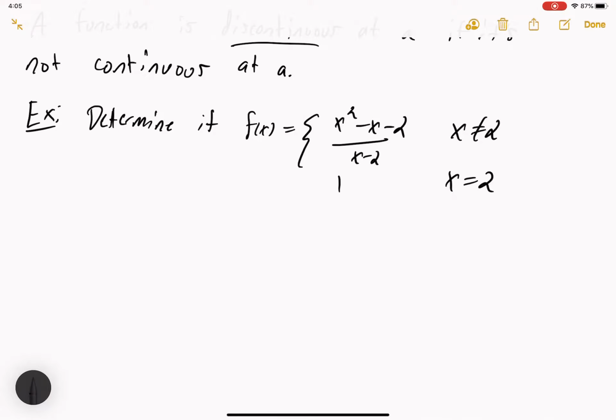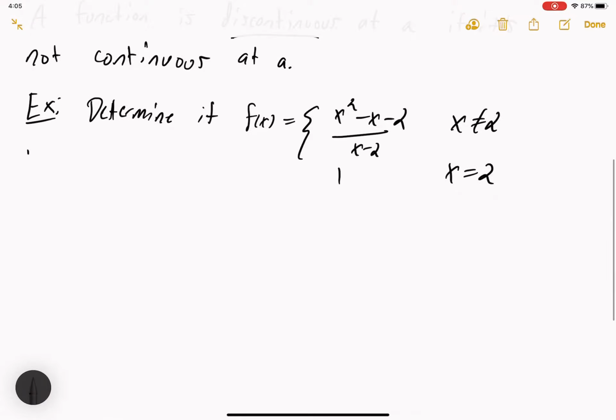We want to determine if this function f of x is continuous at 2. I just wrote x equals 2 to clarify, but you can just say at 2 as well.